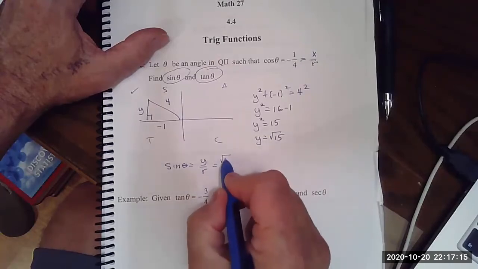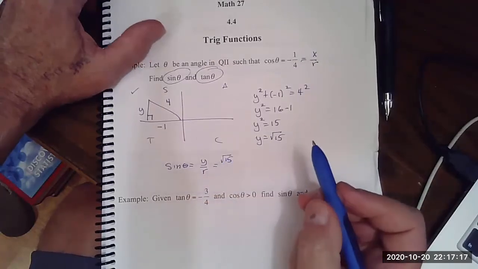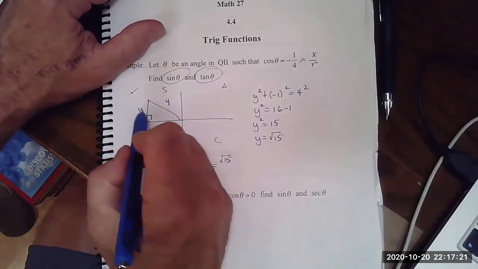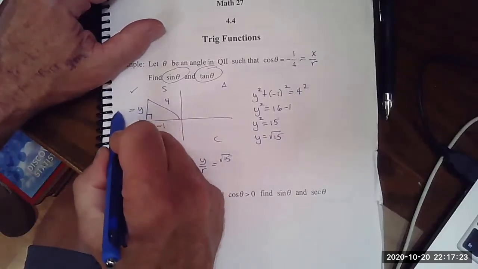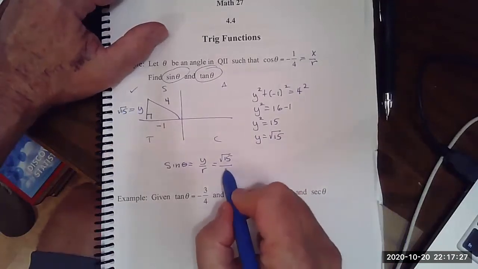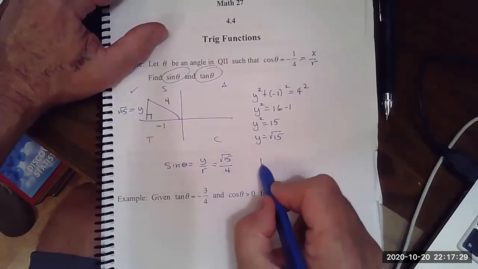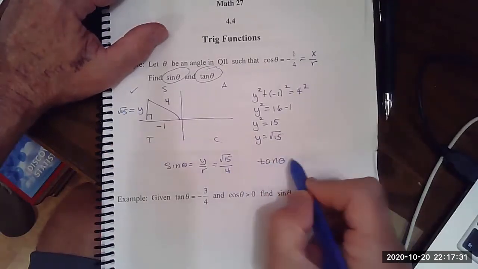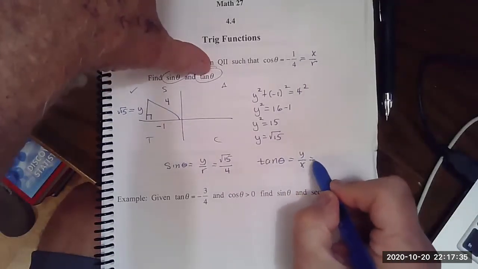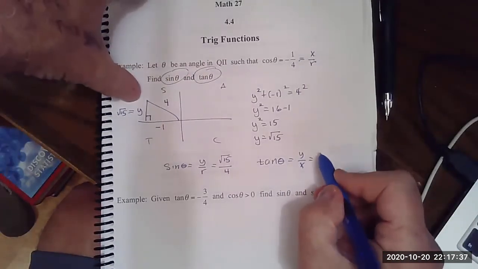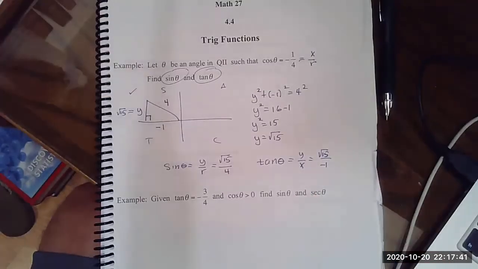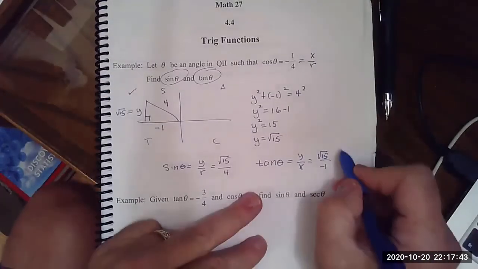Y is root 15, and it has to be positive because it's above, in quadrant 2. So square root of 15 over 4. And tangent of theta is equal to y over x, which is root 15 over negative 1, or just negative root 15.